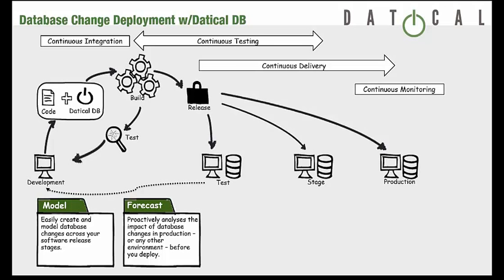Let's keep picking on tables. If I'm adding a column to a table and I did this in development and I try to deploy that column add to test and I forgot to create the table in test first, the column add is going to fail. Forecast captures that type of thing and will let you know ahead of time that certain changes are not going to work in that environment.